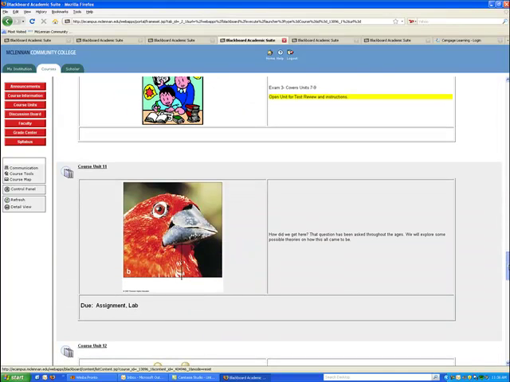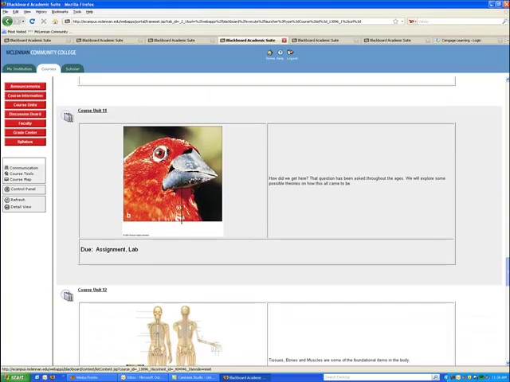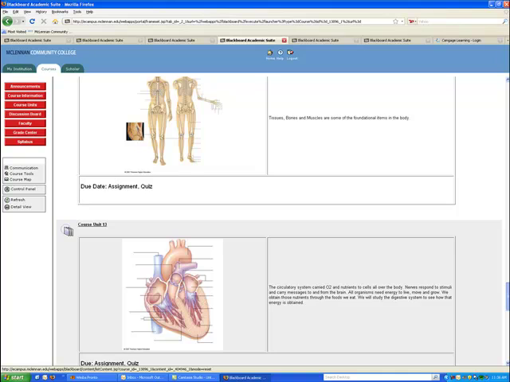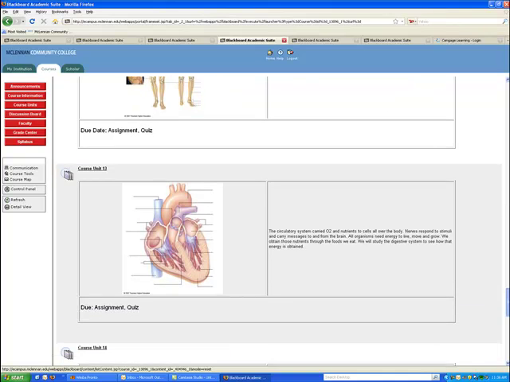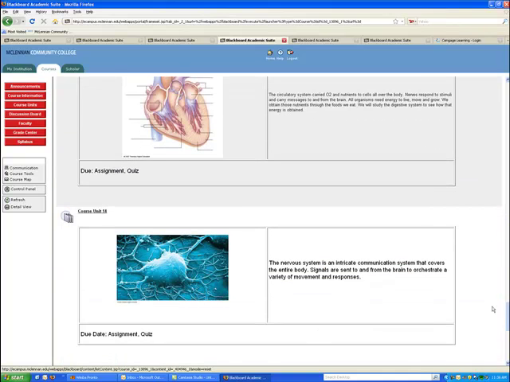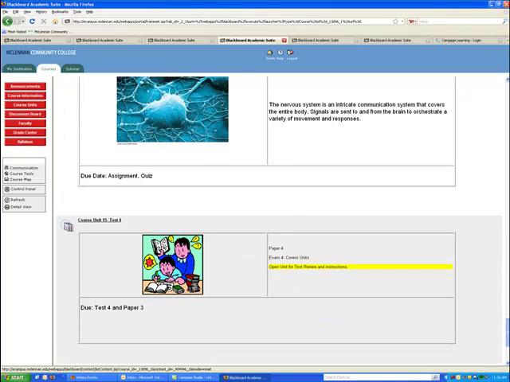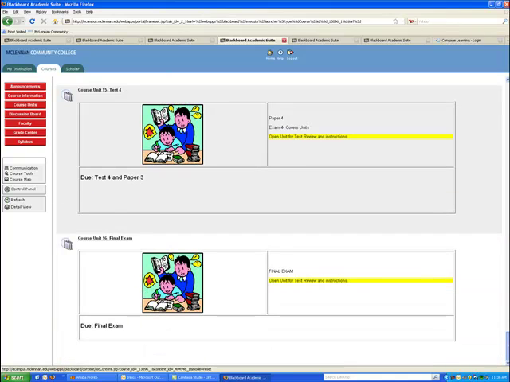Then we talk about where do we all come from, followed by the human body, tissues and bones, muscles, cardiac, respiratory, the nervous system, and special senses. Then you have your final exam, final fourth test, followed by your comprehensive final exam. So that's just a little overview of our class.